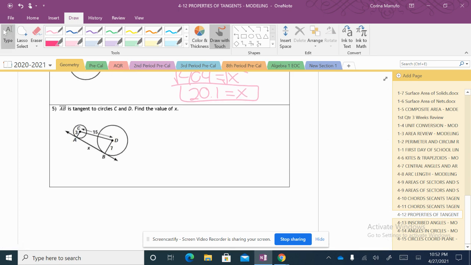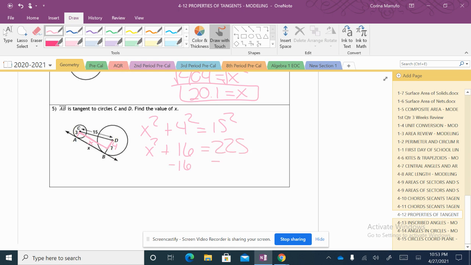Okay, so the same thing from here. From A to B, that's going to be our tangent line. So I'm going to go ahead and make a line that's parallel to that one, where this is still going to be x. This whole thing's 7, and this little piece is 3, so that means this section right here is 4. And so now we're going to do a squared plus b squared equals c squared. Okay, so 4 squared is 16. 15 squared is 225.